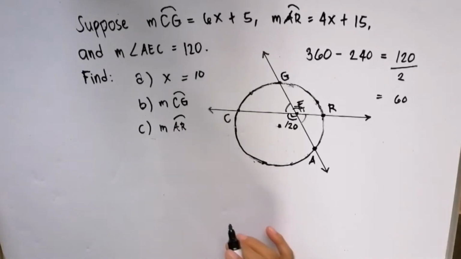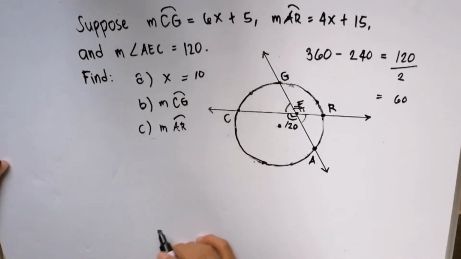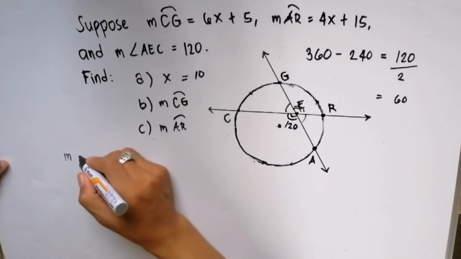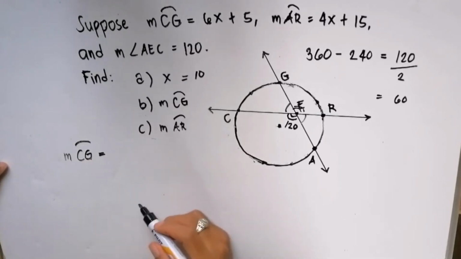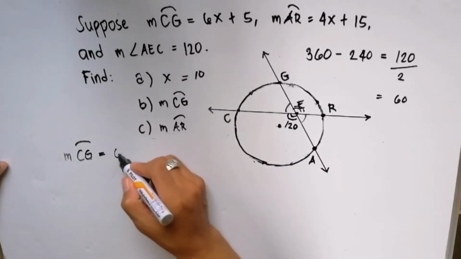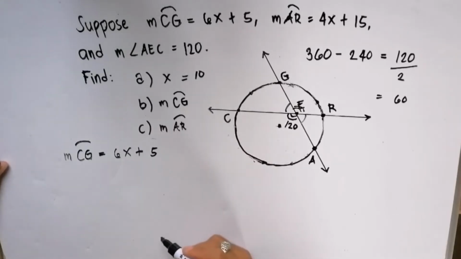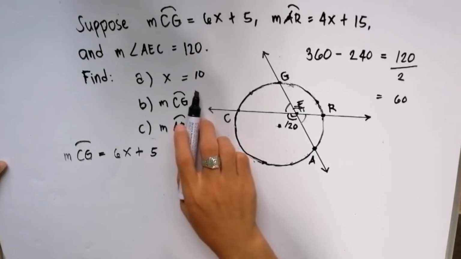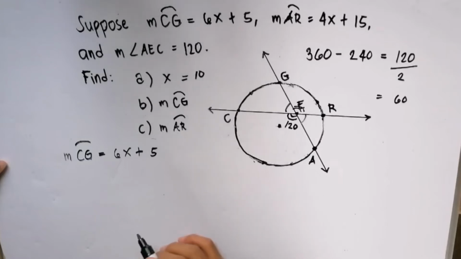Okay, next, how about the measure of arc CG and arc ER? The measure of arc CG equals 6x plus 5, and the value of x is 10. So all you have to do is substitute the value of x.